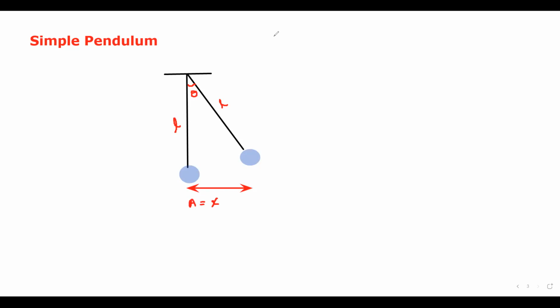Now for this object, weight is acting downward, the gravitational pull is there. So this W is acting downward, and this W is making the same angle theta from the original position. If you continue this line, it will be a straight line, so this angle will also be theta. So W will have two components.